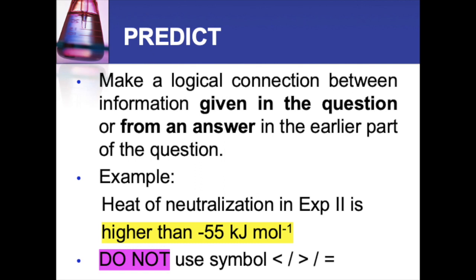If, let's say, the given acid is a weaker acid compared to the original experiment, therefore we will say the heat of neutralization produced is lower than negative 55 kJ per mole. We will reject the mathematical symbols as you can see on your screen, the symbol lower than, higher than, or equal.